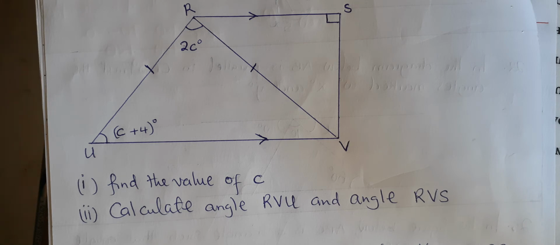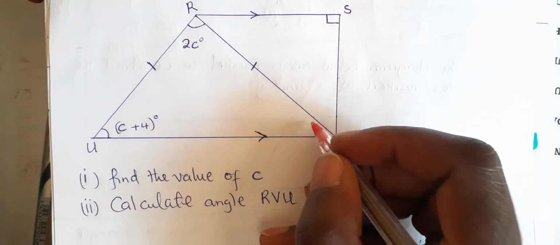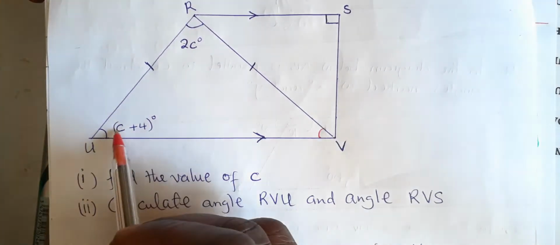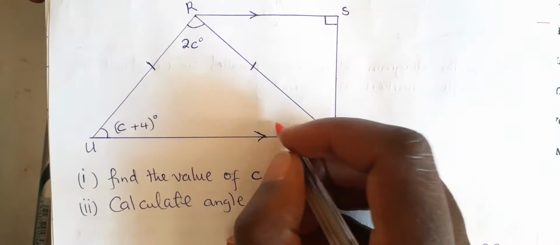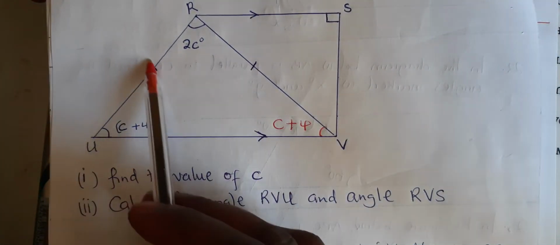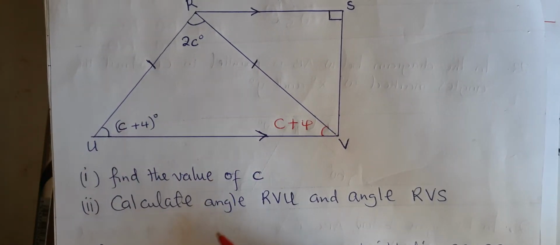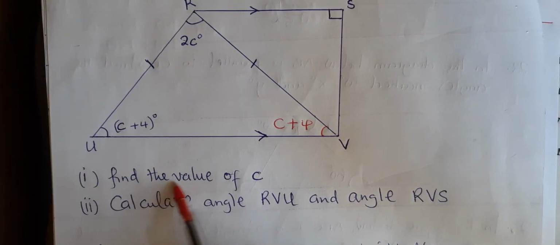This is very important. When you have been given these markings, they are not there to decorate. If this is C plus 4, then even this angle here is C plus 4. This is an isosceles triangle because of these bars here. We are asked to find the value of C.